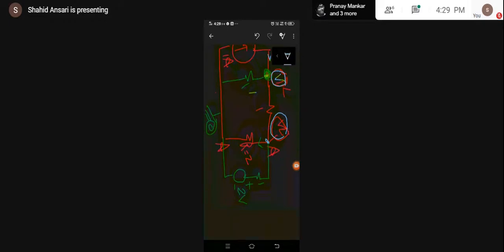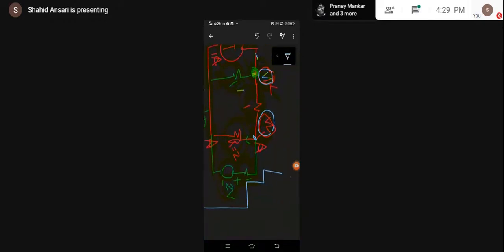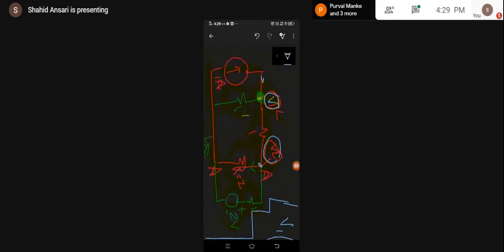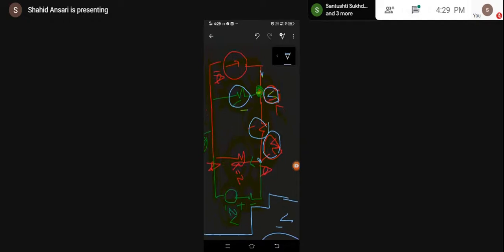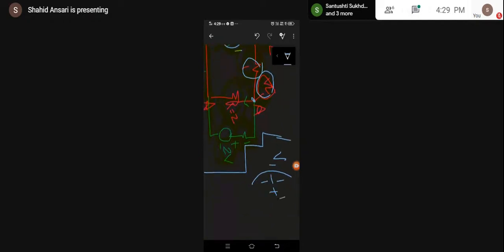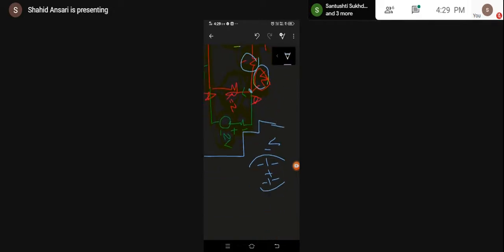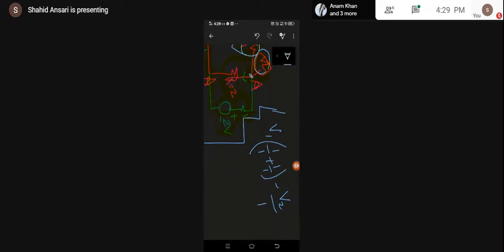Now, for writing the equation at node 1, simply look at all the passive elements connected with node 1. Just take the reciprocal of each element: 1 by 1, 1 by 1. Simple. Now, any node voltage connected at the other end of the branches connected with the same node: here we have V2, here we have 0. So 0 is of no use, and V2 we can write with a negative sign, directly as V2 divided by the reciprocal, 1 divided by 1.